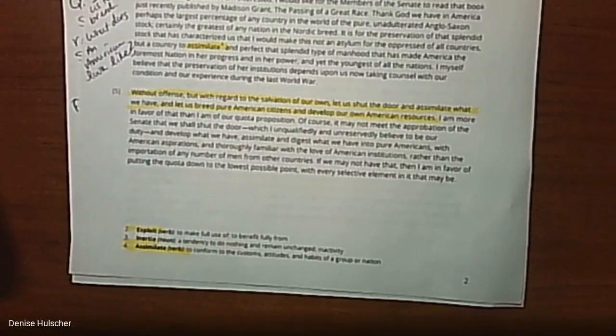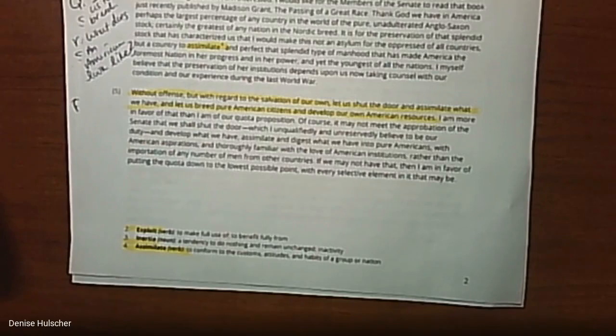Of course, it may not meet the prohibition of the senator that we shall shut the door, which I unqualifiedly and unreservedly believe to our duty, and develop that we have, assimilate and digest what we have into pure Americans, with American aspirations, and thoroughly familiar with the love of American institutions, rather than the importation of a number of men from other countries. If we may not have that, then I am in favor of putting the quota down to the lowest possible point, with every selective element in it that may be.